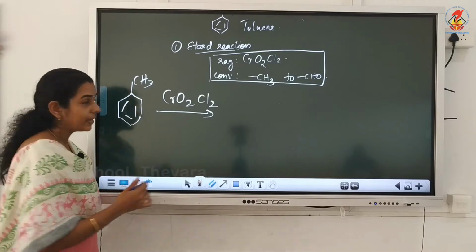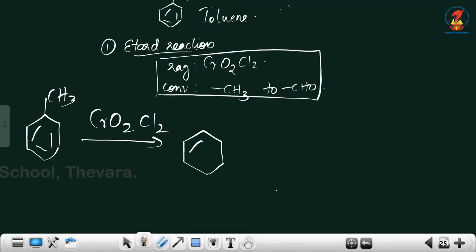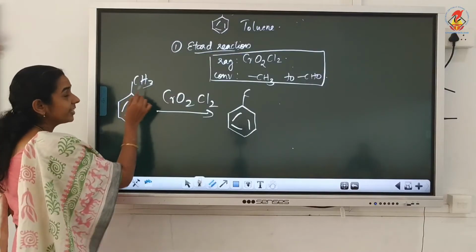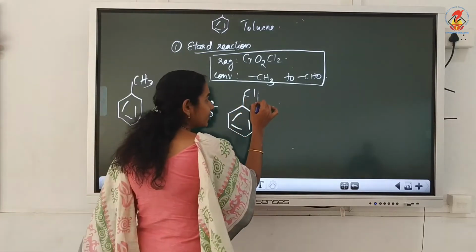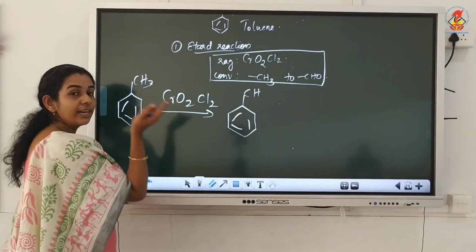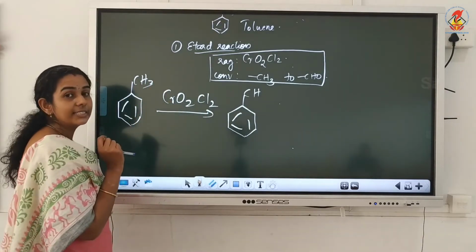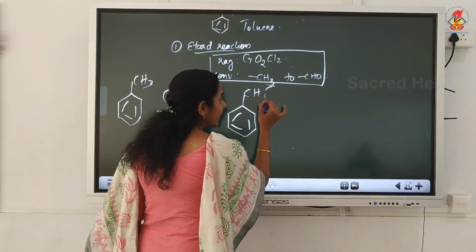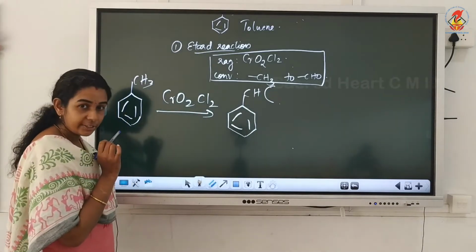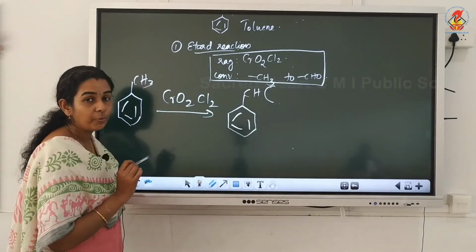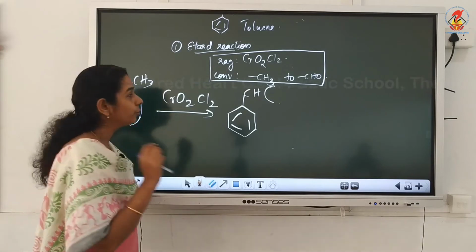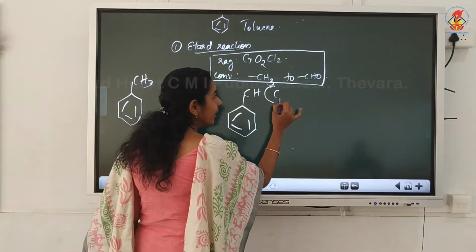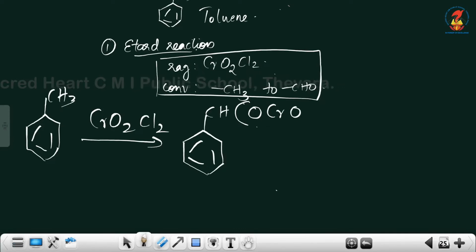CH3 will become CH, and chromyl chloride will be introduced to this group. So we have to add 2 chromyl chlorides. How is the addition? It becomes OCrOCl2.